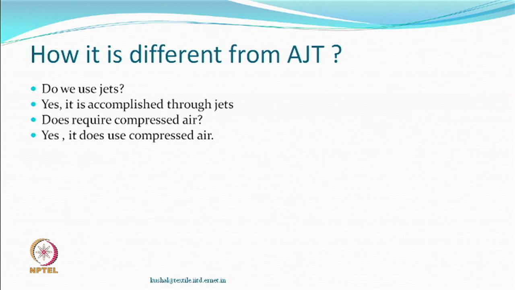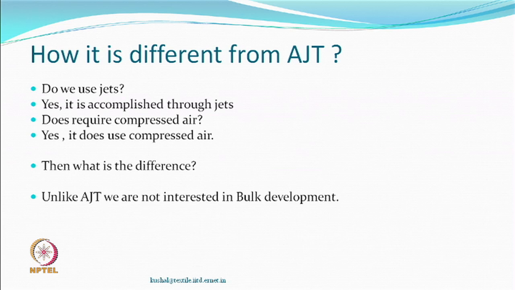Yes, we do require compressed air. So, how is it different? So, you require jets and you have compressed air. So, how is it different? We are not interested in development of bulk. That is one difference, that our aim is not to develop bulk. And why was the bulk developing in an edge textured yarn?